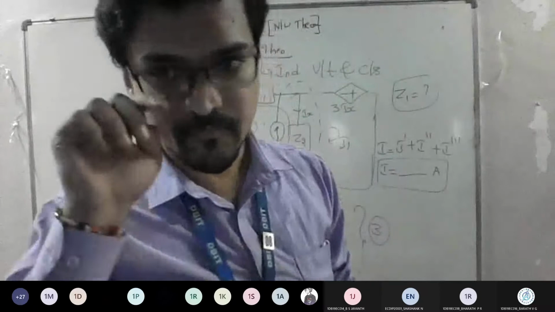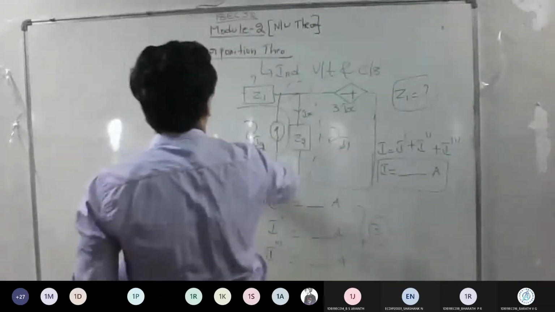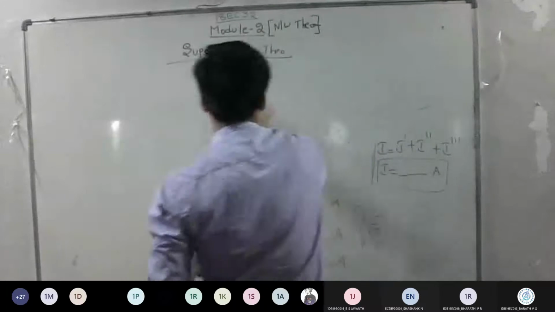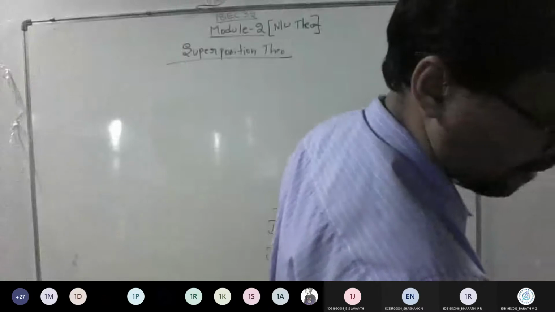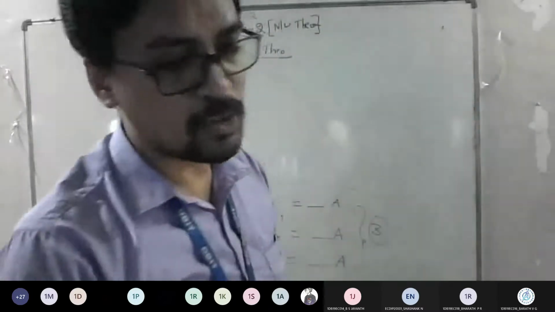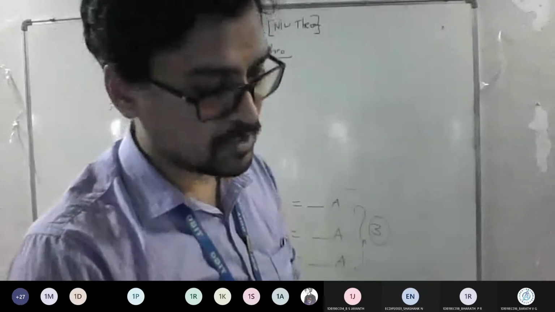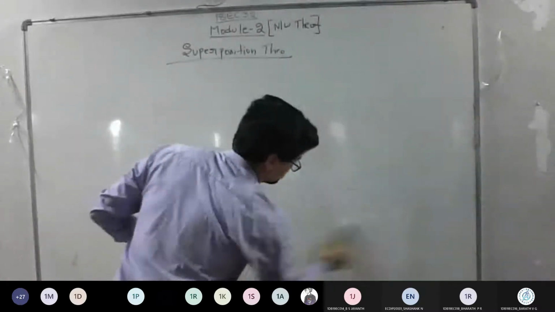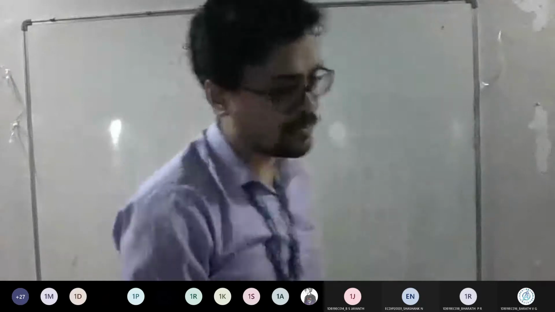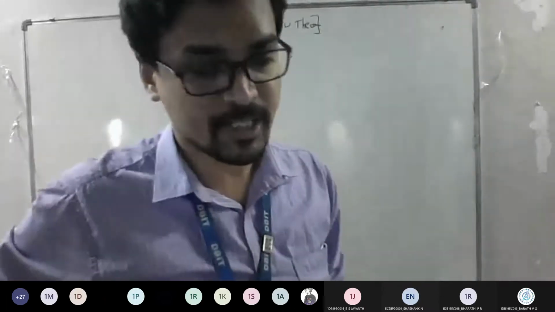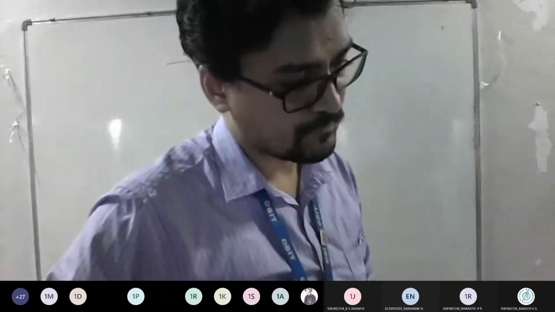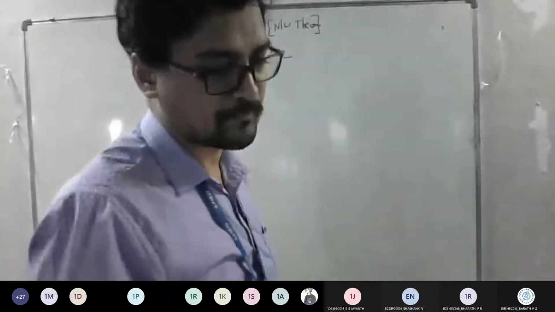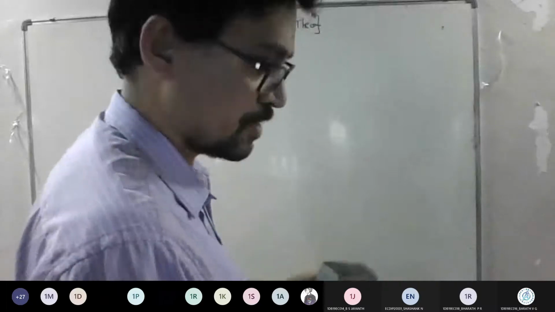Using the superposition theorem, find the voltage V across the 3 ohm resistor for the network shown below.